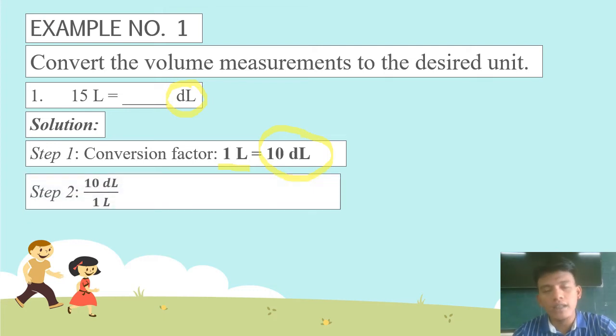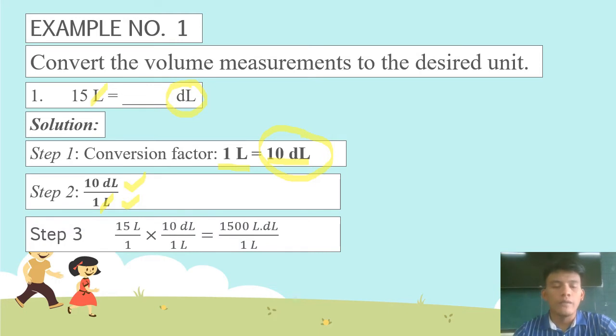Our desired unit will be put at the numerator and the given will be put at our denominator. So 10 deciliters will be put at the numerator, 1 liter at the denominator, so that liter and liter will be cancelled out.